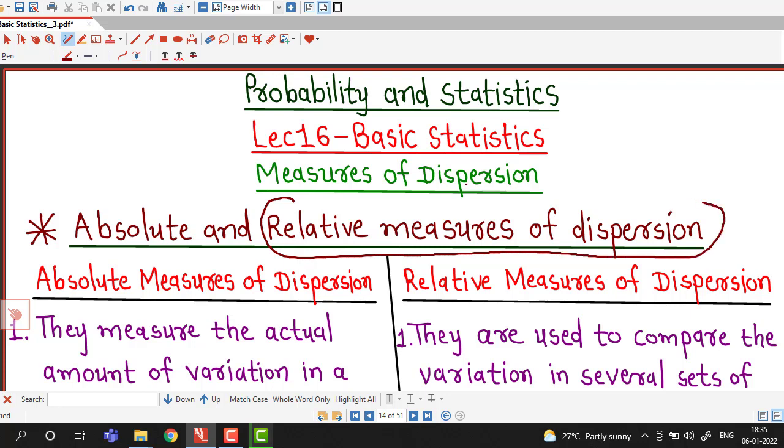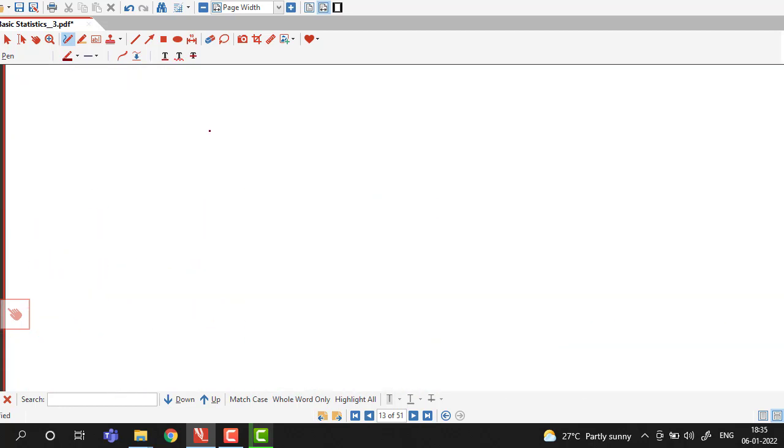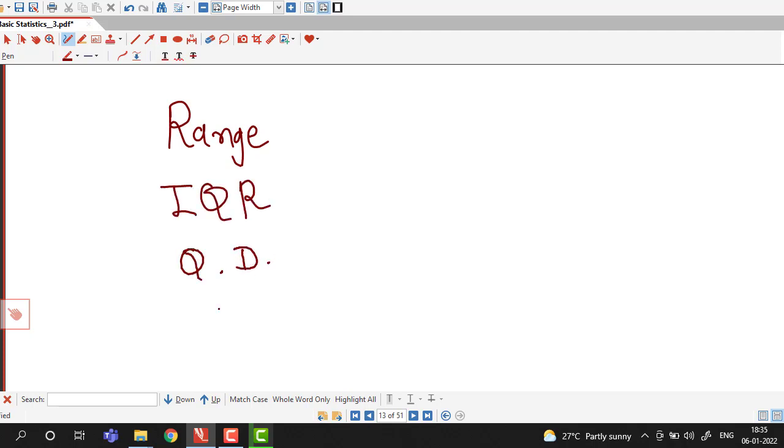The measures of dispersion which we have discussed so far are known as absolute measures of dispersion. If we recall, we have discussed these measures: range, interquartile range, quartile deviation, mean deviation about a given average, and variance or standard deviation.